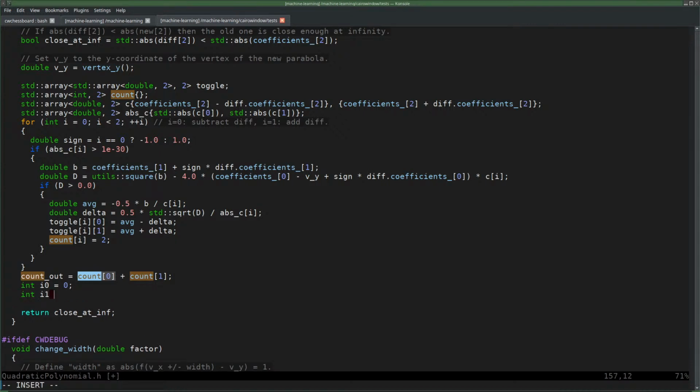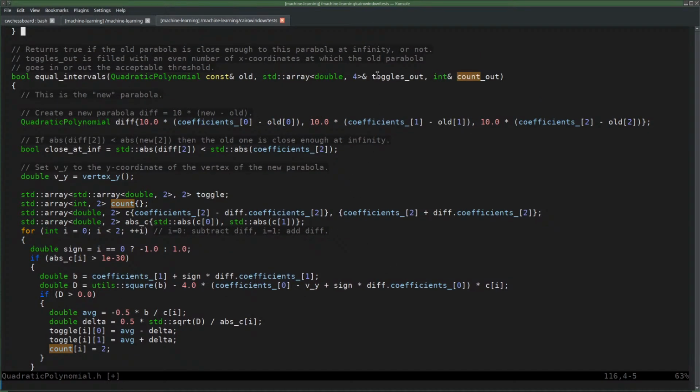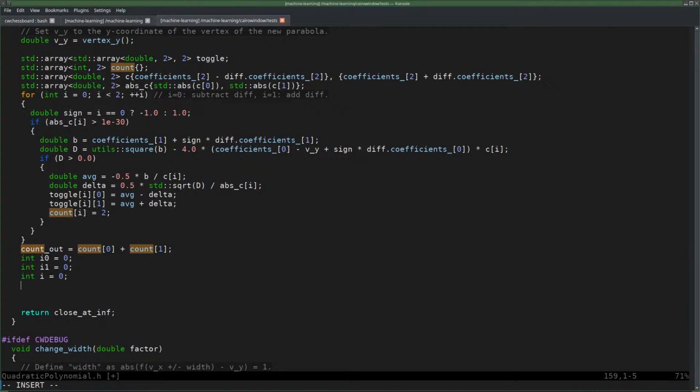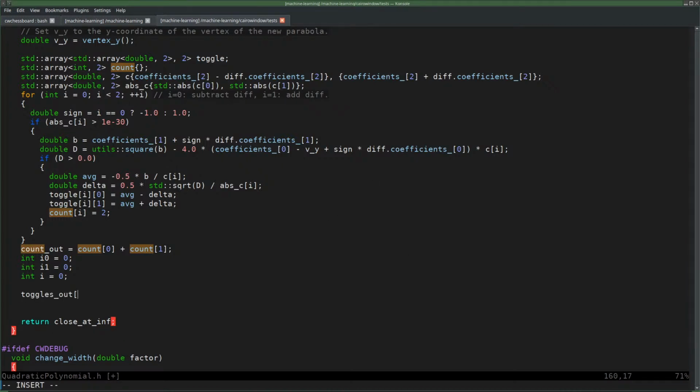I have an I1, which also starts at 0. And then have an output I. And then I get totals out. Totals out I becomes the next value.